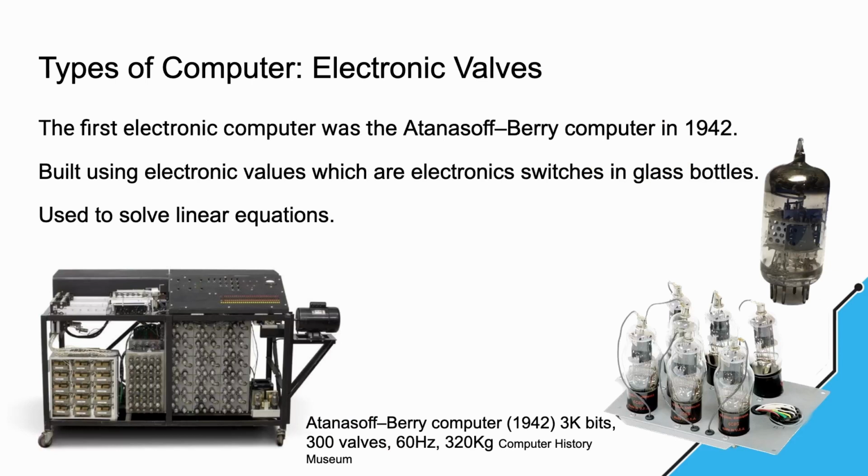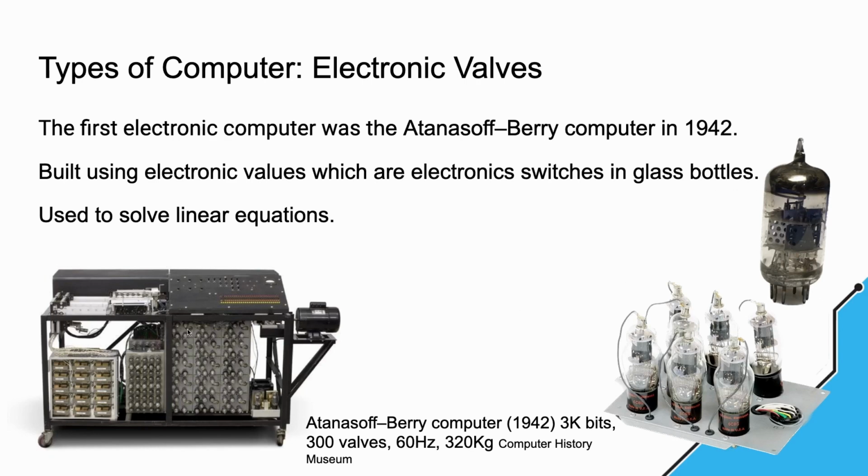The next type of computer is the purely electronic valve computer. And the first of these was the Atanasoff-Berry computer made in 1942. And these use electronic valves. And they are basically electric switches in a glass bottle.